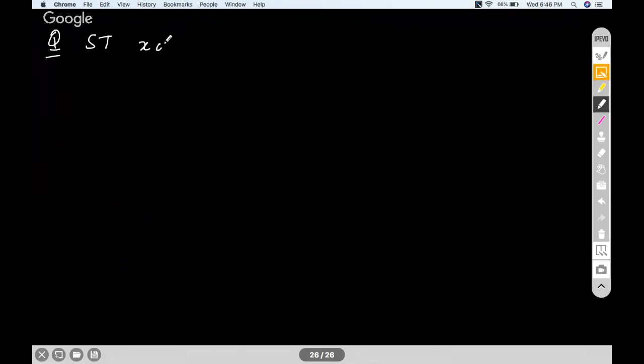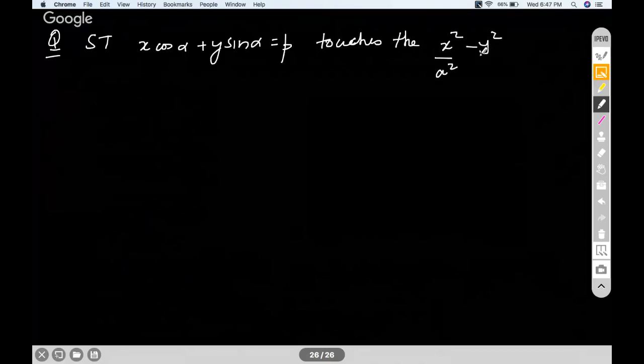Show that x cos alpha plus y sin alpha equal to p touches the hyperbola x square by a square minus y square by b square equal to 1 if a square cos square alpha minus b square sin square alpha is equal to p square.